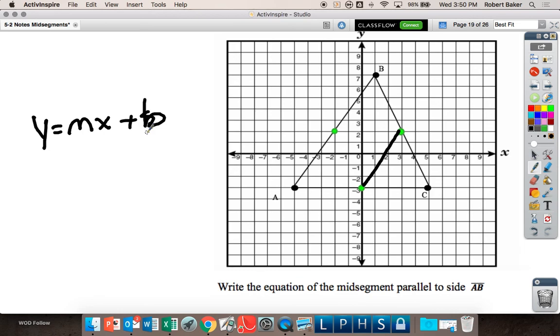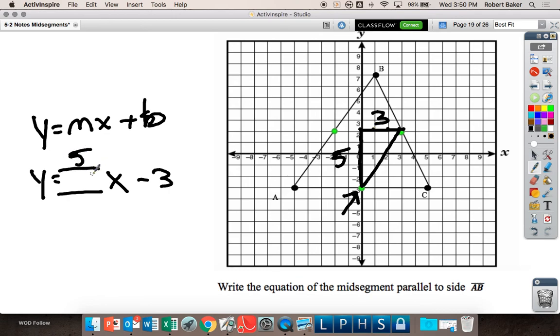Yes. The y-intercept is right here. And now we just have to count the slope from here to here. 1, 2, 3, 4, 5. I went up 5 and over.